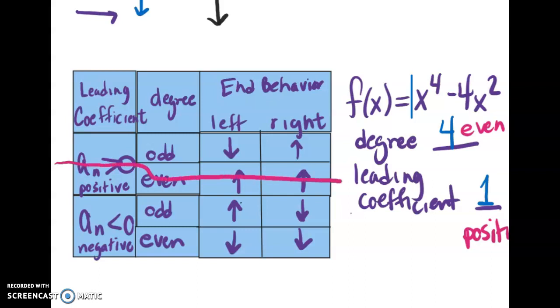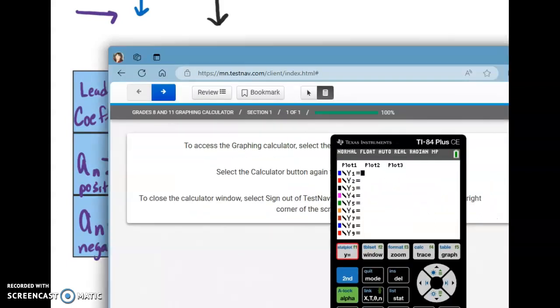So that means that I'm going to be following this pathway. Positive, even, both sides would be up. So if I was to look at this graph, and we can pull it up and take a look, both sides would be up, and they would go without bound positive.